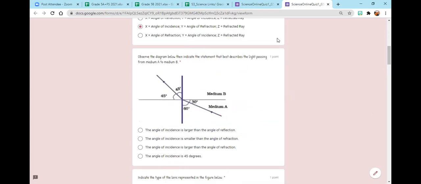Second question. Also, light passing from medium A to medium B. It is passing from A to B. Look at the arrow.